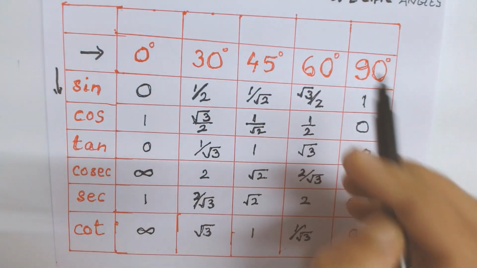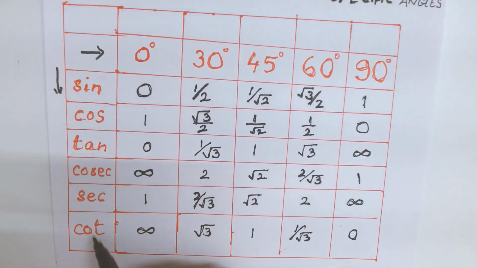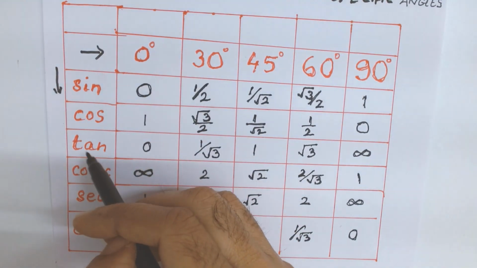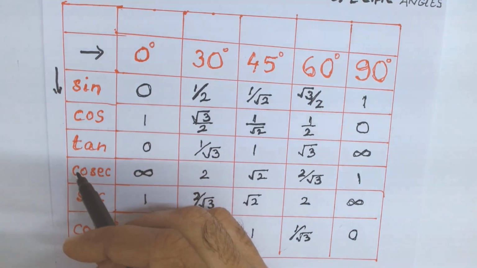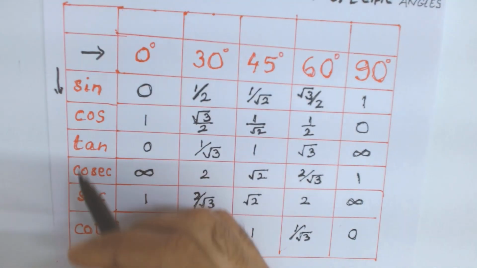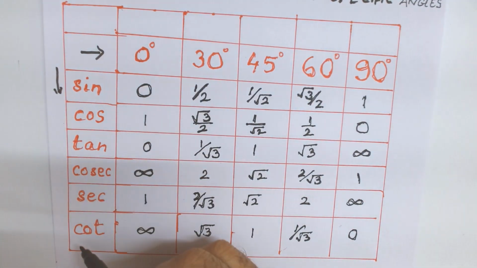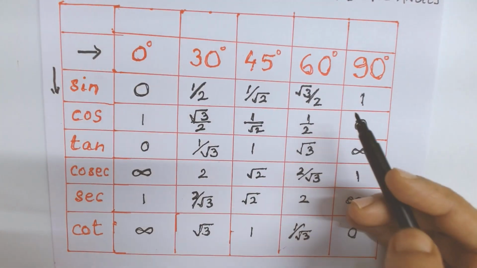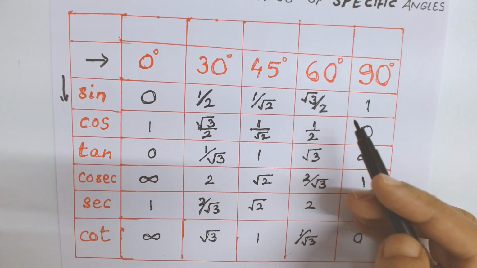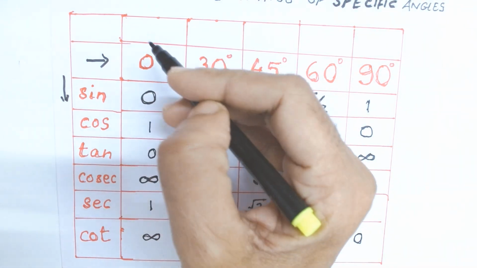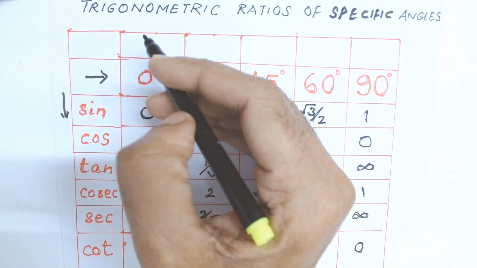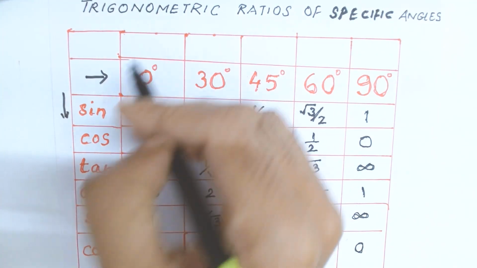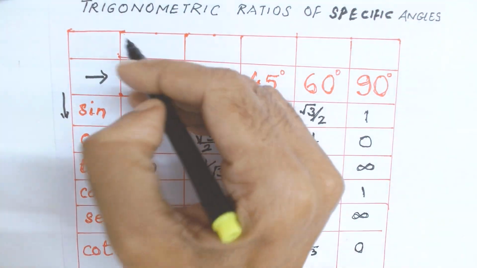And here there are 6: sine, cos, tan, and then their inverses. Cosec is the inverse of sine, sec is the inverse of cos, and cot is the inverse of tan. Once you remember this, here is a tip that you can keep in mind in case you forget these values.